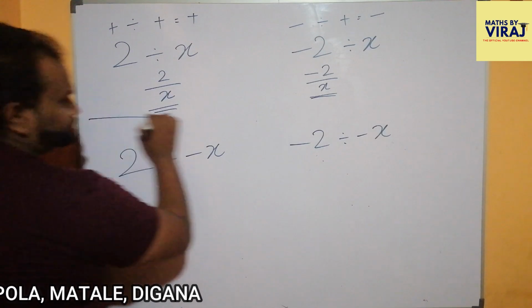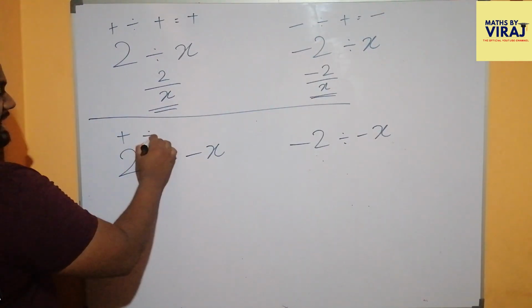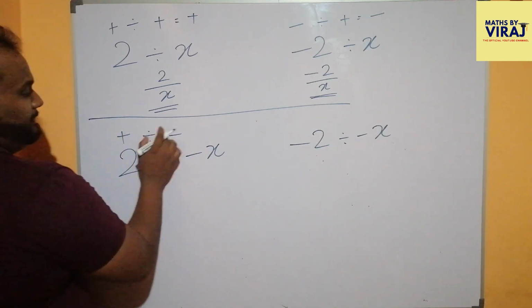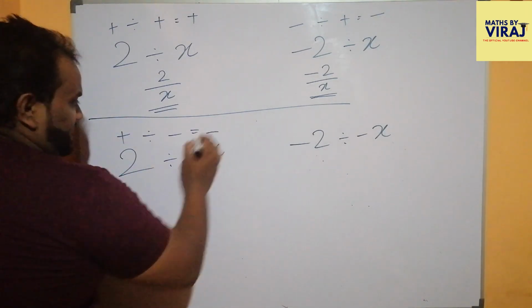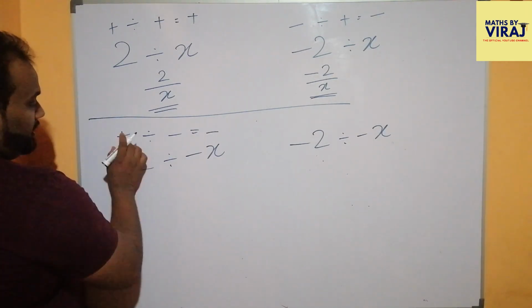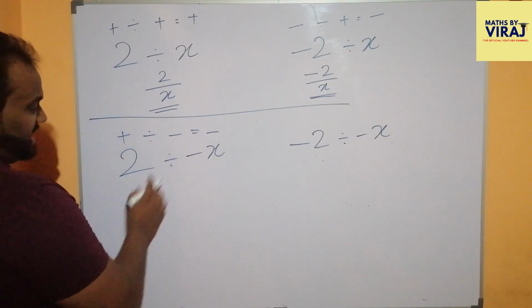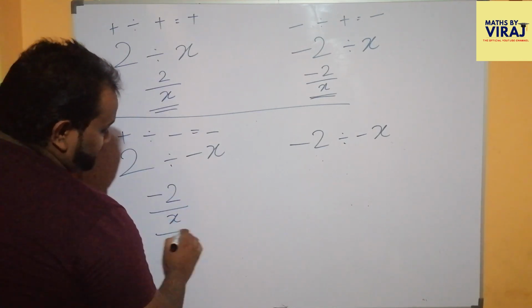Likewise, a positive number is divided by a negative number. When plus is divided by minus, the answer that we get is minus. Therefore, plus 2 divided by minus x, the answer is minus 2 over x.